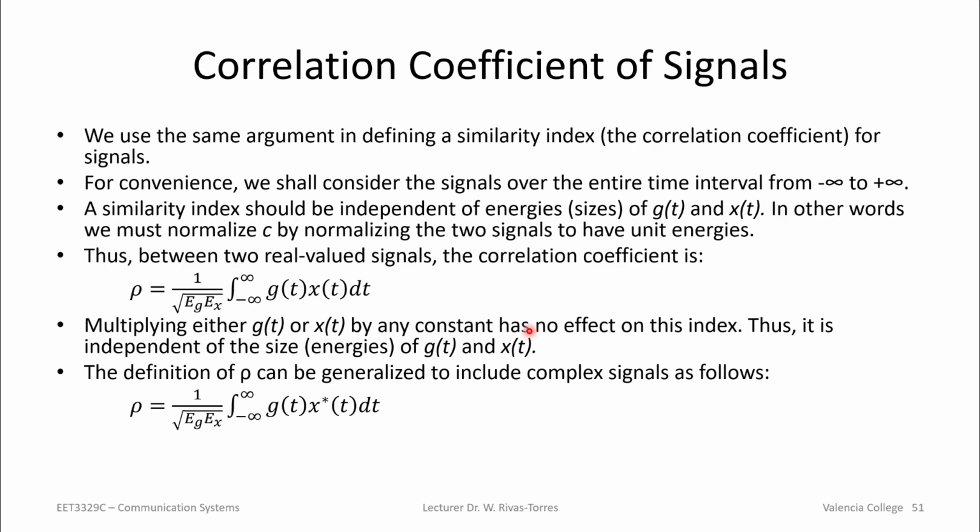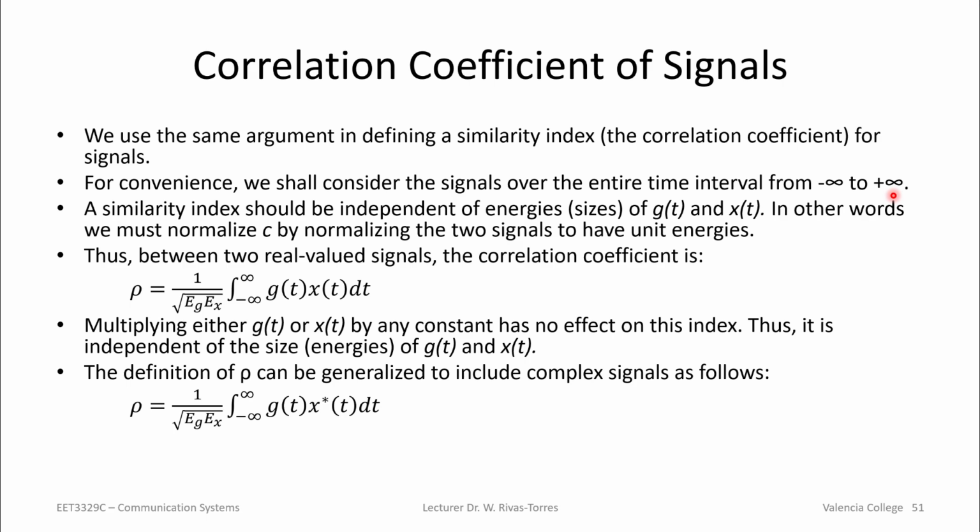For convenience, we consider signals over, let's say, the entire time. Again, we started off by saying we don't know where these signals came from or what they are. We just don't know. So in general, we're going to talk between -infinity and +infinity. We're not going to restrict ourselves to an interval as we've been doing.